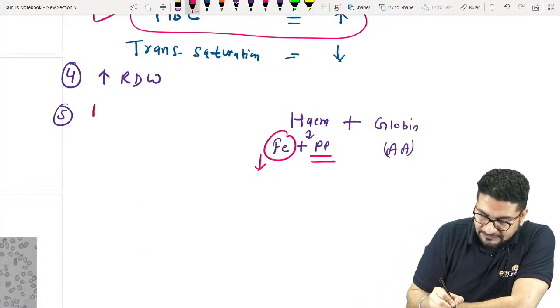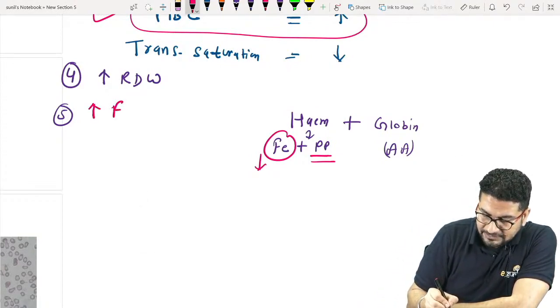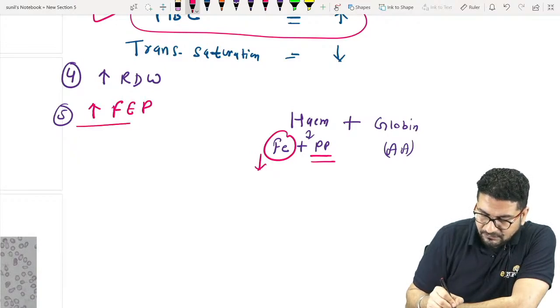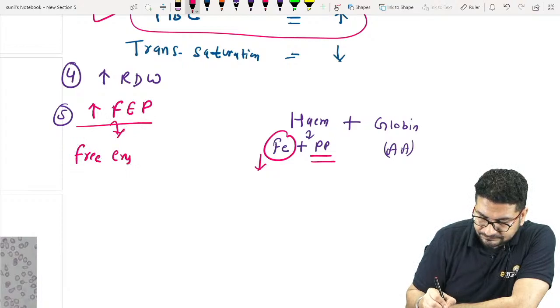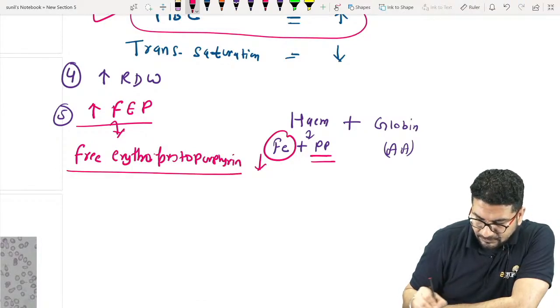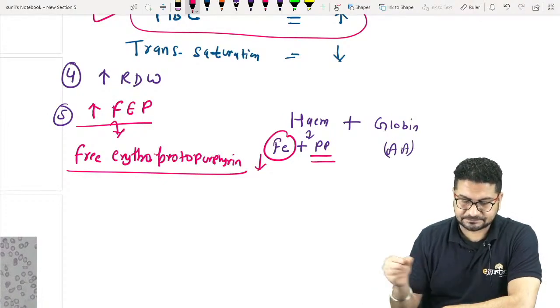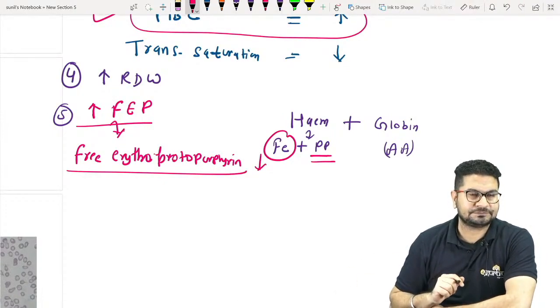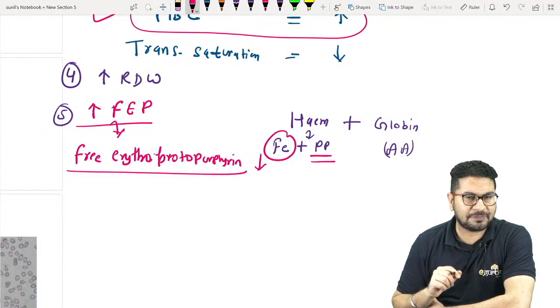So we call this increased free erythroprotoporphyrin. So erythroprotoporphyrin will increase, FEP. So these are the values you should remember.